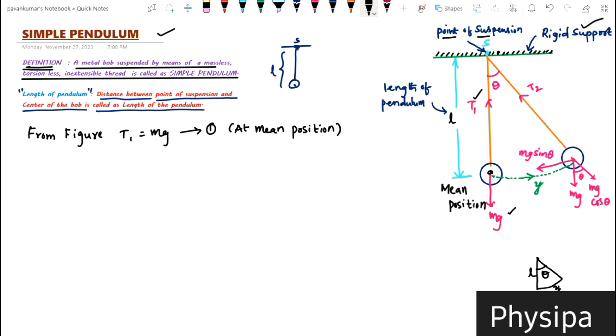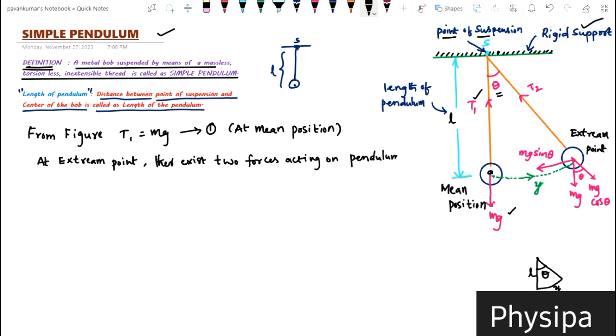Now oscillate this pendulum with a very small angular displacement theta, and while the pendulum is oscillating, we will observe the forces acting at the extreme position. Similar to the mean position, at the extreme position also there exist two forces acting on the pendulum.